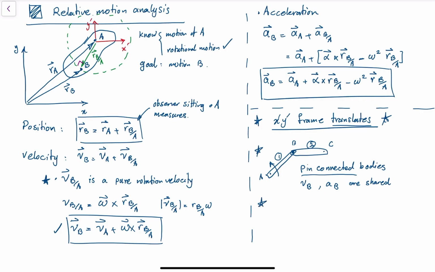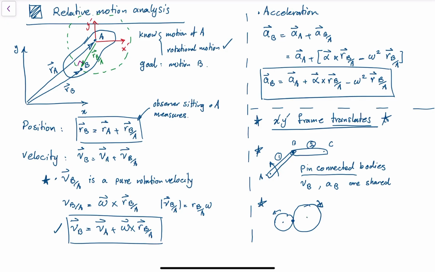And the final remark is that two points having the same velocities does not necessarily mean having the same accelerations. A good example is gears. When you have two gears or mechanisms, this wheel turns this way, this is another wheel turning that way.